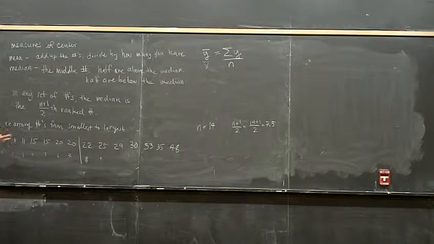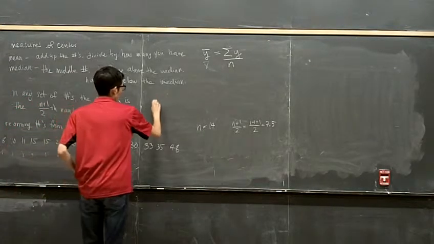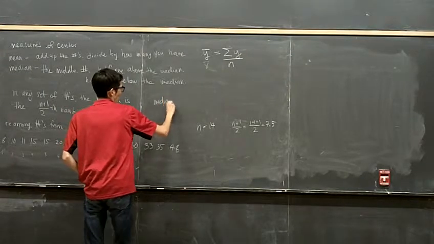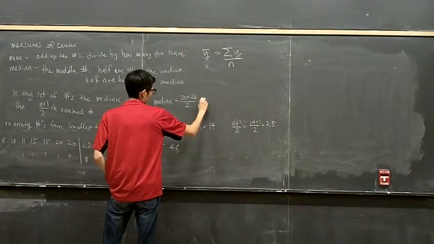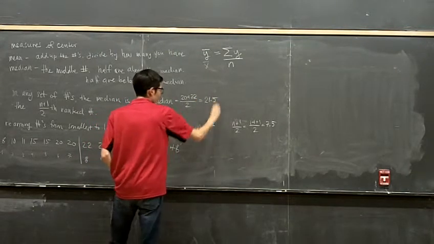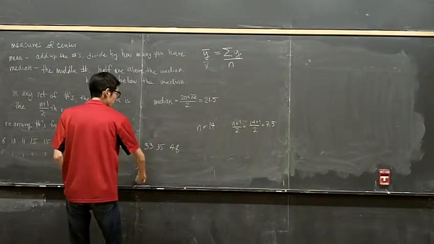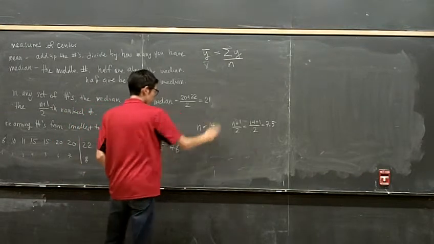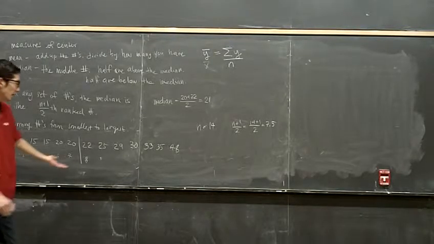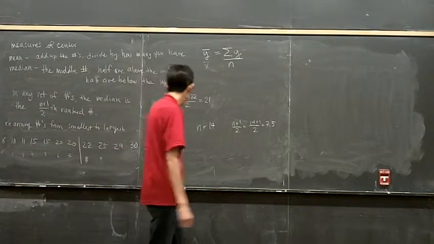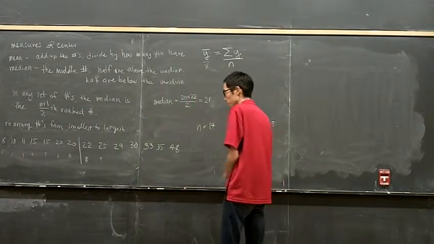So I would do 20 plus 22 divided by 2. So my median is, I'm sorry, 21, not 21 and a half, it's just 21. So that's my median there. Is that okay? And then indeed, 7 numbers are smaller than 21, 7 numbers are larger than 21.